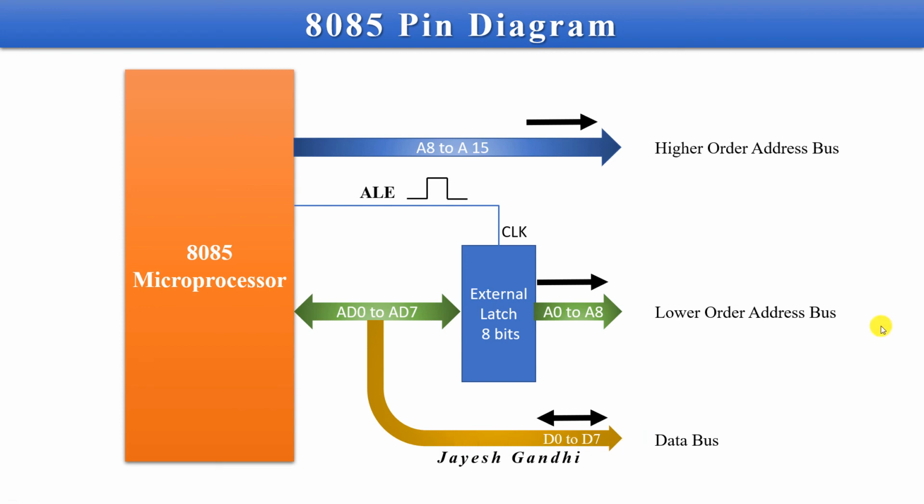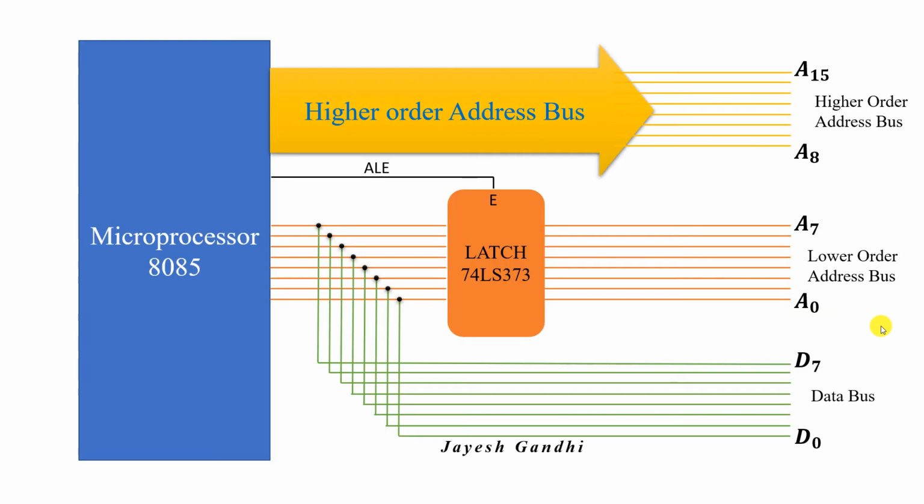Let us see the circuit in some more detail. So the higher order address bus is available as 8 address lines, A8 to A15. The AD0 to AD7 lines are connected with the input of the latch, and they also go to the data bus of the other devices, and the ALE signal is given to the clock input of your latch.